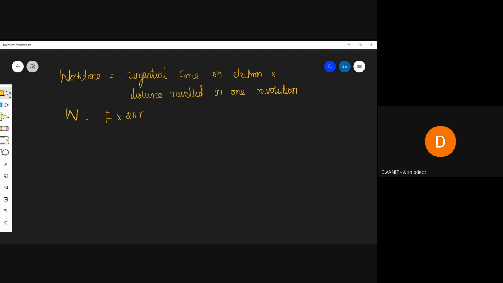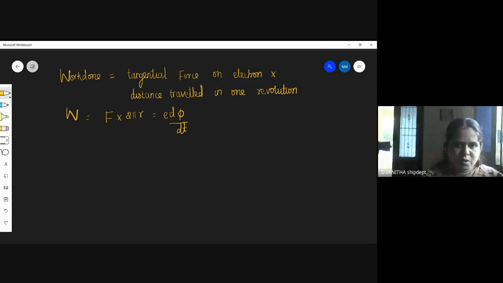So this is equal to the work done we already derived, e into d phi by dt. By using this, we can derive F is equal to e by 2 pi r into d phi divided by dt.